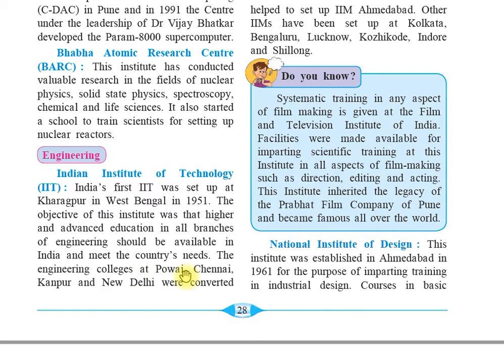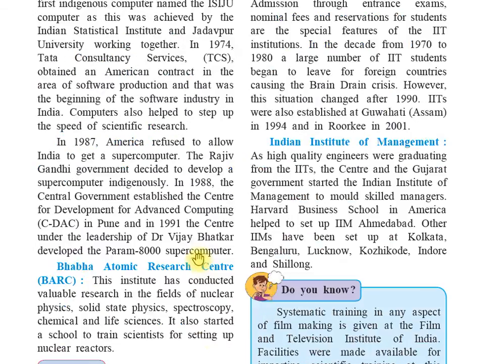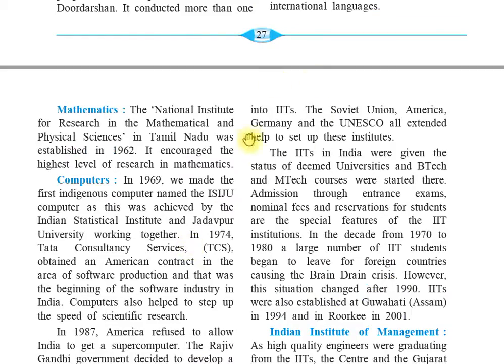The engineering colleges at Powai in Mumbai, Chennai, Kanpur, and New Delhi were converted into IITs. The Soviet Union, America, Germany, and UNESCO all extended help to set up these institutes.